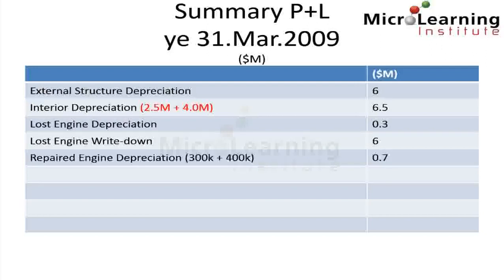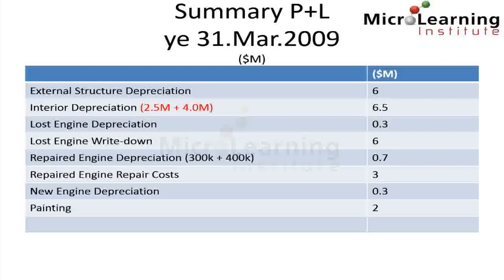We have the depreciation on the repaired engine, which totals $300,000 plus $400,000, that's $700,000. We have the repaired engine repaired cost of $3 million. We have the new engine depreciation, and finally we have the painting expense, which had to be expensed in the period, giving us a total P&L expense in relation to all of these transactions of $24.8 million.